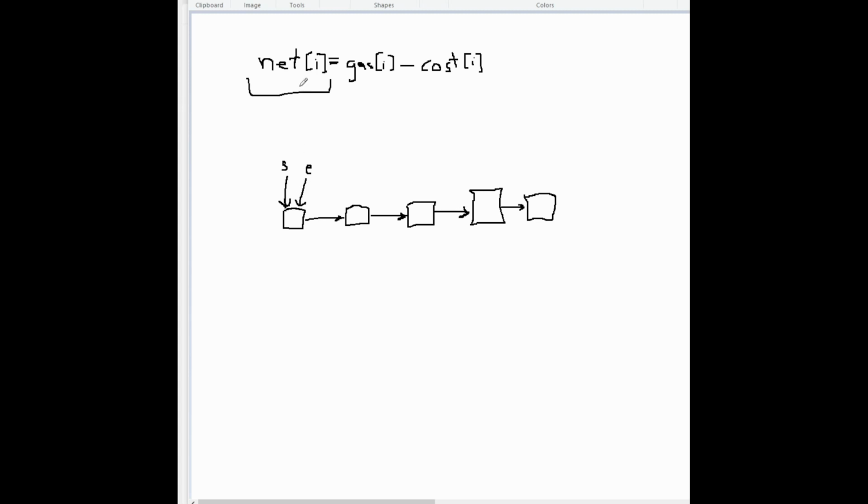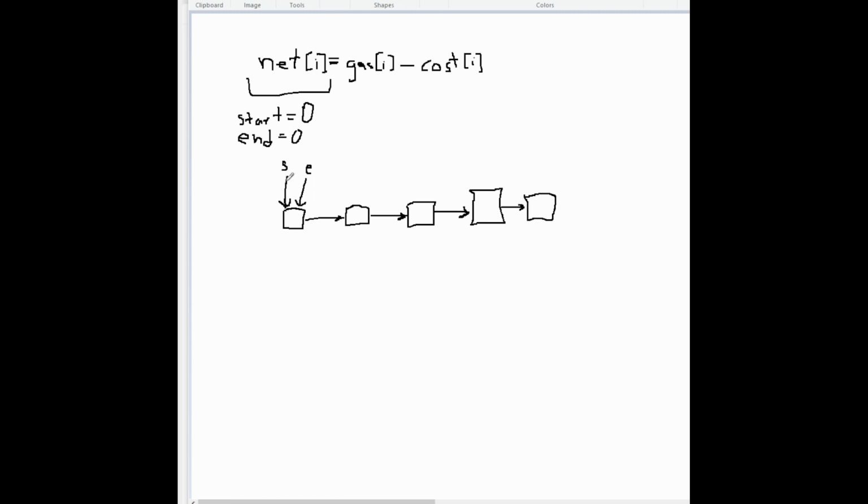Now, because we're working on a list, by pointer all I mean is a value. I started off by saying start equals 0 and end equals 0.